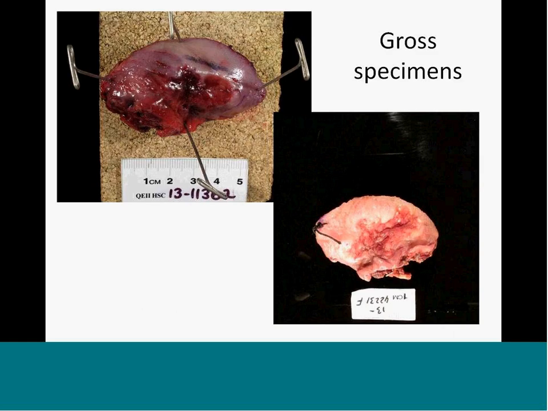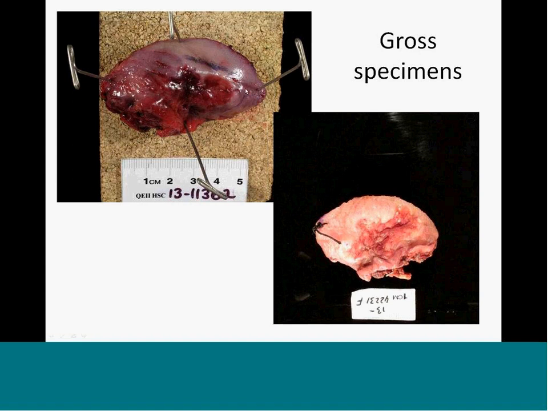These are a couple of typical specimens that you might see. These are both hemiglossectomy specimens. This is a very typical type of specimen, and usually what happens is we will receive the specimen and also margins around the entire periphery of the mucosa, as well as usually selected deep margins.